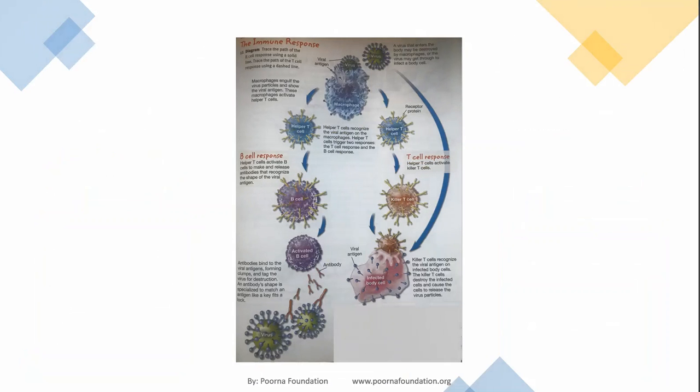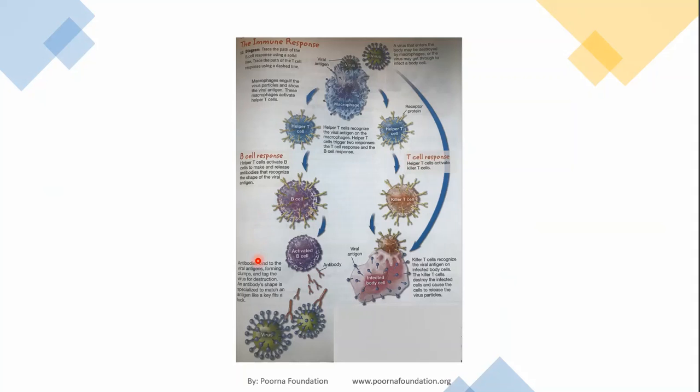This is how the immune response works. First, you have the macrophage, which eats the virus and shows off the antigen to helper T cells, while the virus sometimes still invades infected body cells. Then these helper T cells trigger a B cell response and a T cell response.